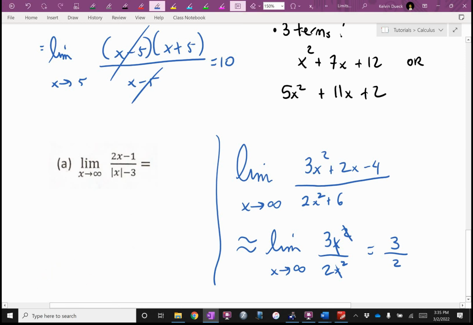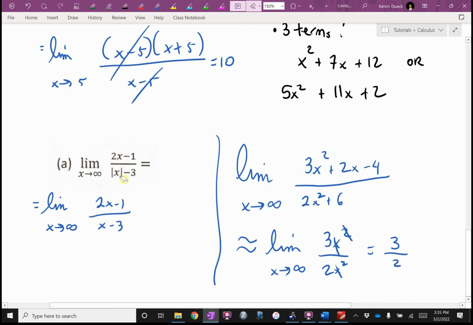Now let's try this one here. As we shoot off to infinity, the real question is, what will this behave like? First of all, we're putting in a positive number, getting bigger and bigger. What's the absolute value of a positive number? This weird function is going to be really similar to 2x minus 1 just over x minus 3.